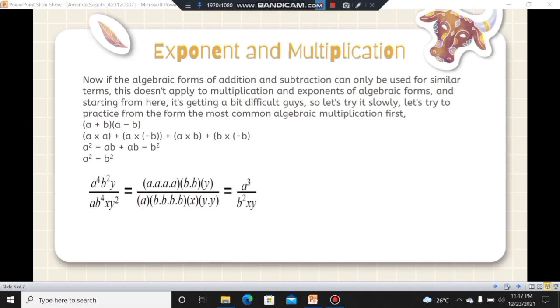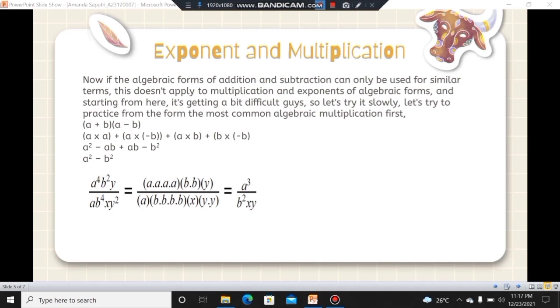From a times a gives a squared. From a times negative b, the result is negative ab. From a times b, the result is also ab, and b multiplied by negative b gives negative b squared.